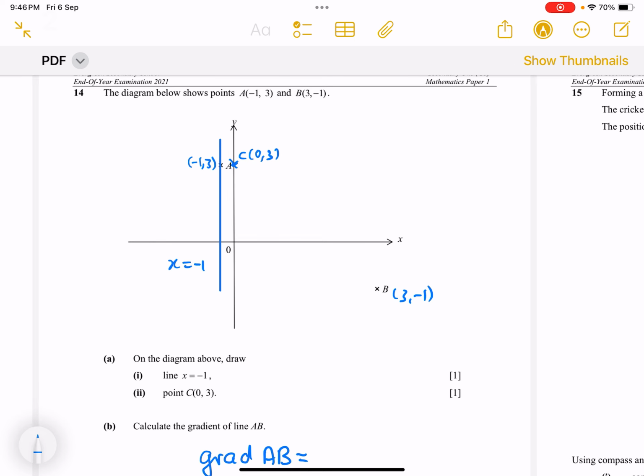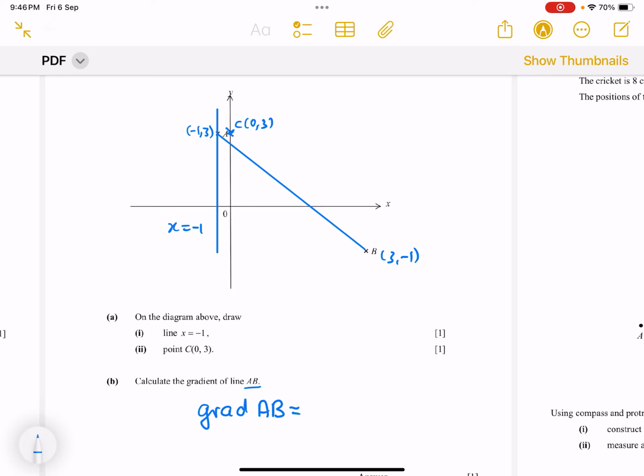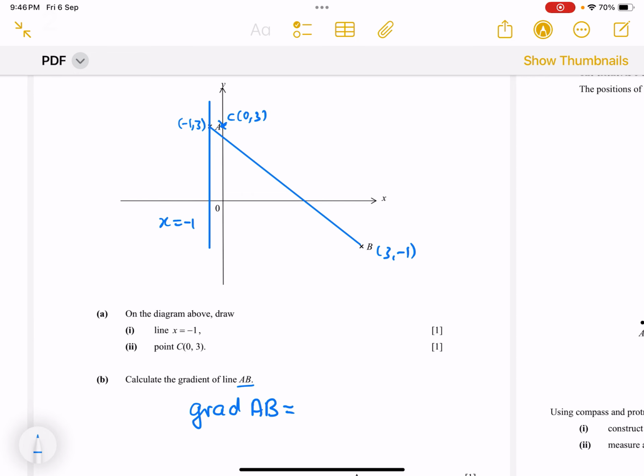Okay, so next we have to find the gradient of AB. So the gradient of AB is from here to here. Now we can find the gradient by taking the height over the base of a right angled triangle, and the height is the difference in the y value.